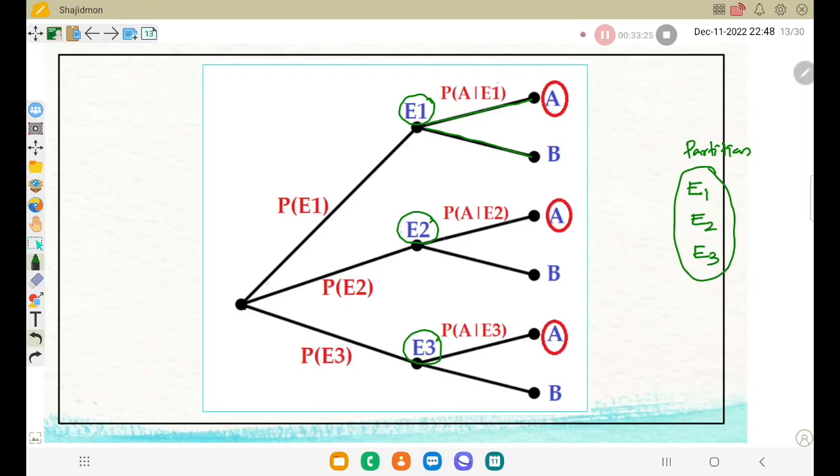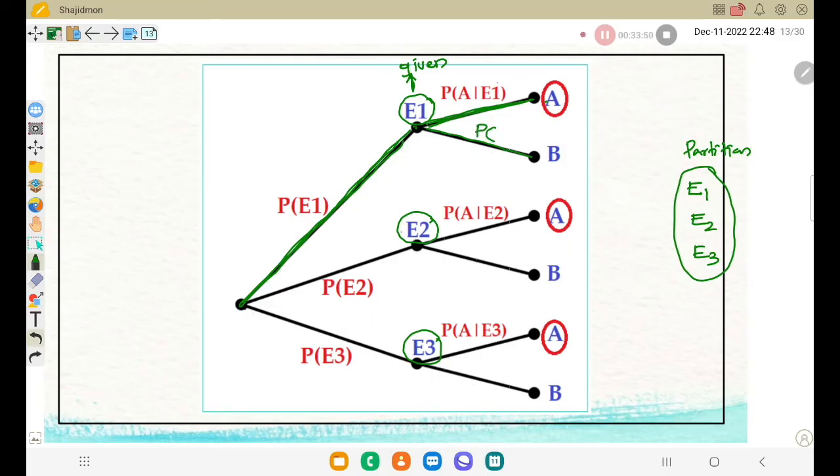Now see, as I told you, this line is representing probability of E1. This is probability of A given E1, probability of A given that E1 is given. This is already given, correct? What is the probability of A given that E1 is given? Probability of A given E1, conditional probability. What about this one?